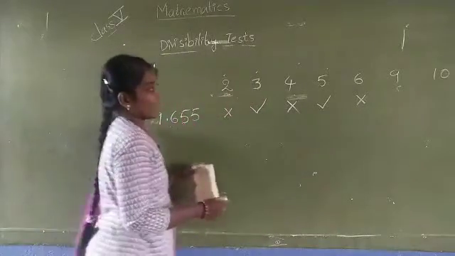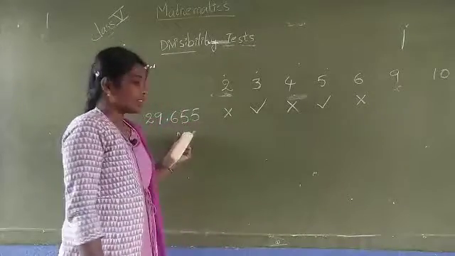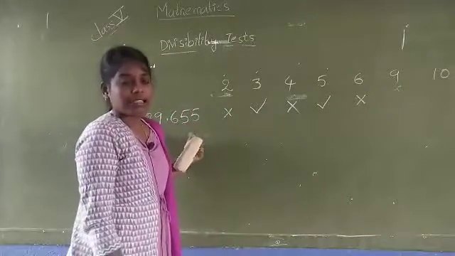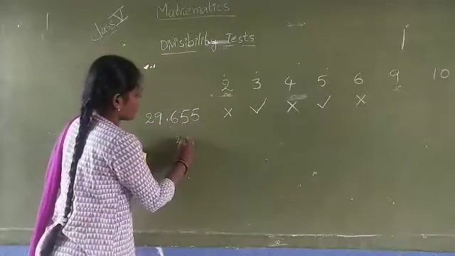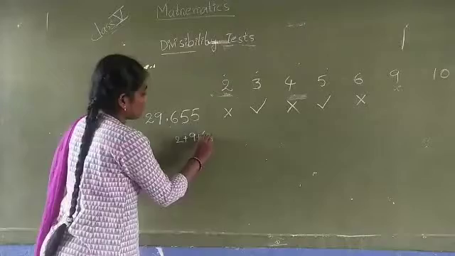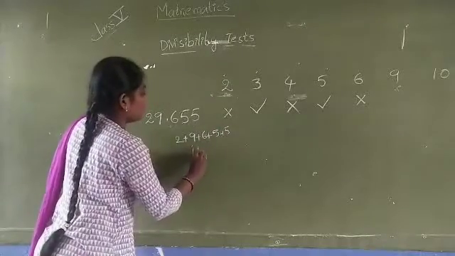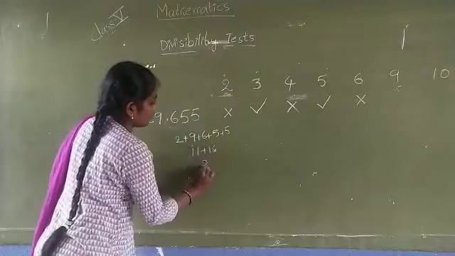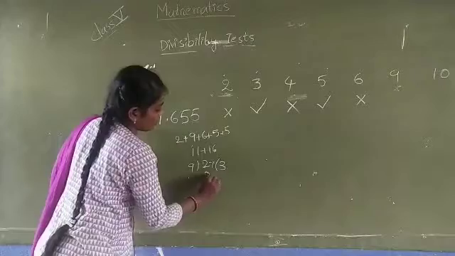After that, 9. What is the divisibility rule of 9? If the sum of its digits is divisible by 9, then that number is divisible by 9. The sum of its digits, 2 plus 9 plus 5 plus 5 plus 6, that is 27. 9 3s are 27.